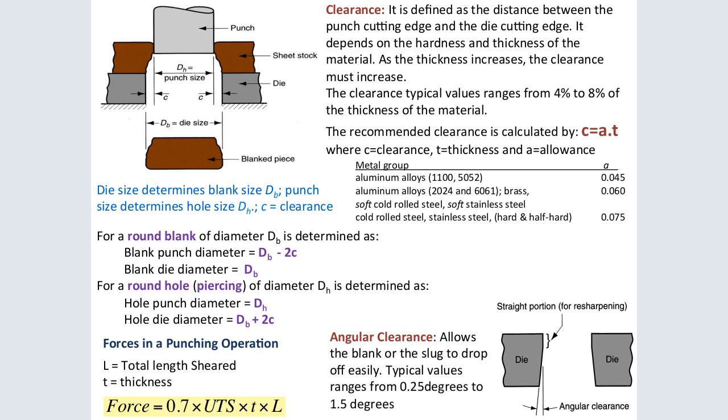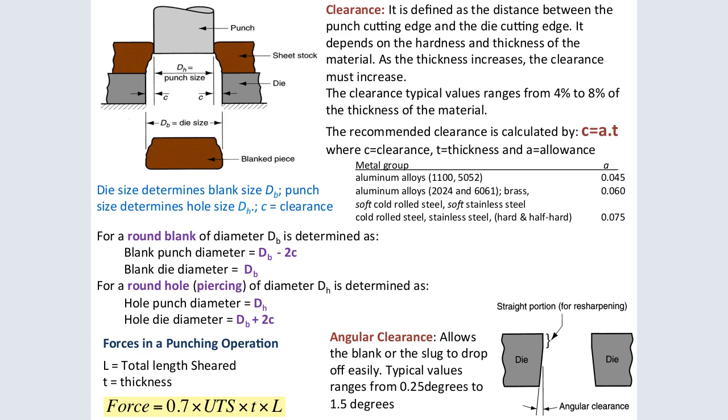We said C is the clearance, and the blank die diameter D blank. So the round hole of piercing of the diameter DH is determined as the hole punch, that is diameter DH, that is the hole diameter is the DB plus 2C. So these are some of the small calculations that you will encounter when you'll be doing calculations, maybe when an exam is presented to you.